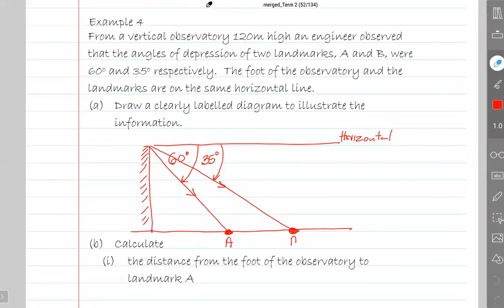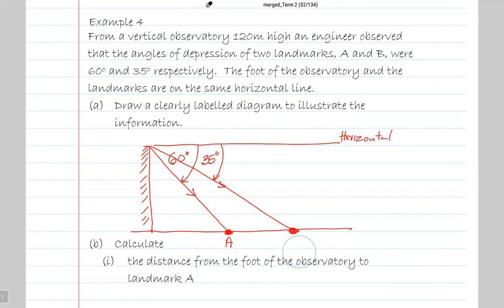All right, so let's erase this. This should have been B. This is landmark B. All right, so this is my diagram. The tower is vertical, the ground is horizontal. The angle between vertical and horizontal is always 90 degrees. We're told that the height of the tower is 120 meters.